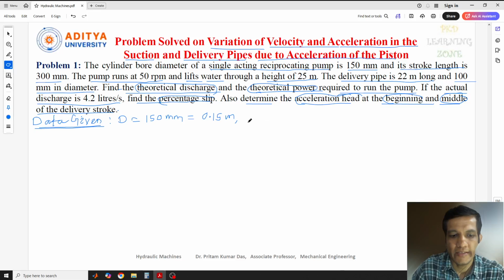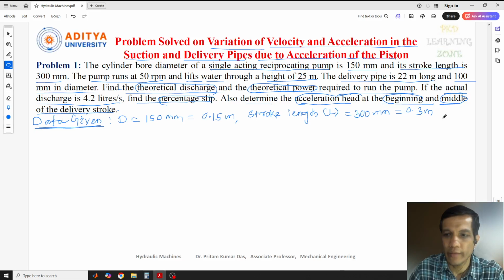Similarly, the stroke length, considered as L, is given as 300 millimeter. We also need to convert this into meter, so we write 0.3 meter.